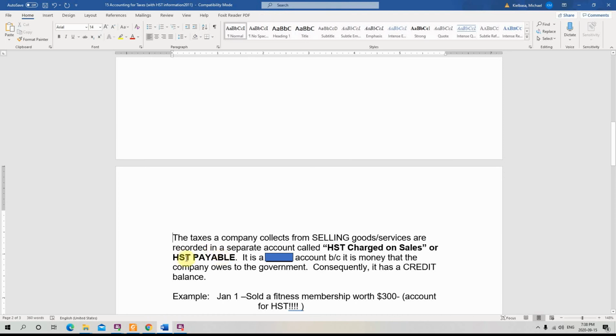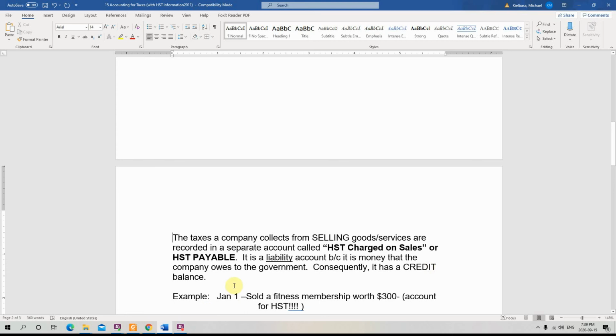It's a payable because when we collect taxes, that's not our money. We owe it to the government. No matter what we call it, HST charged on sales or HST payable, it's a liability account because we owe that money to the government. So it's going to have a credit balance.